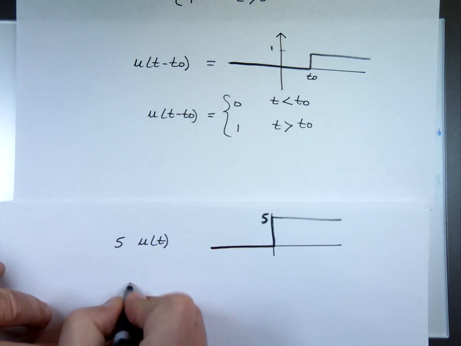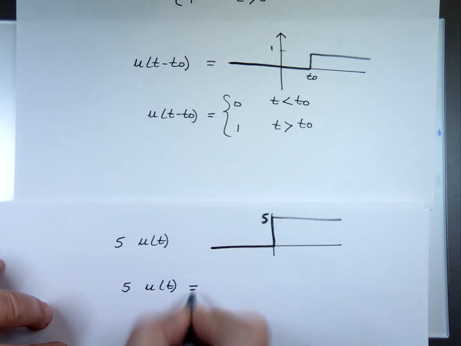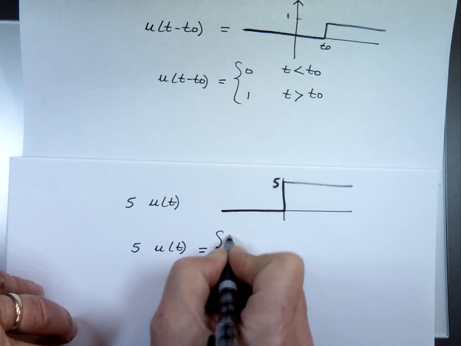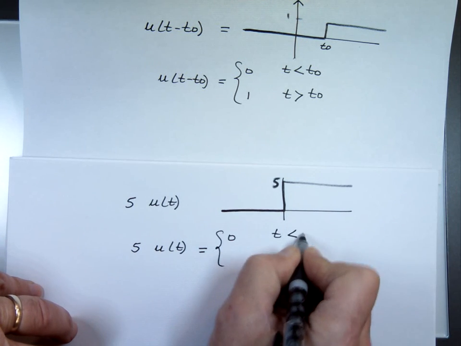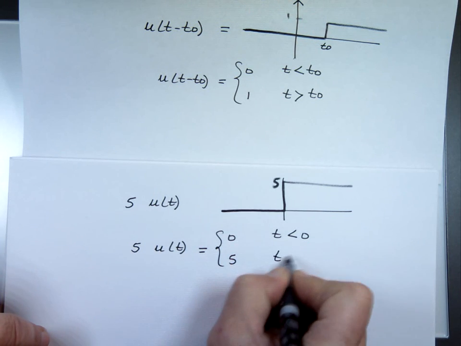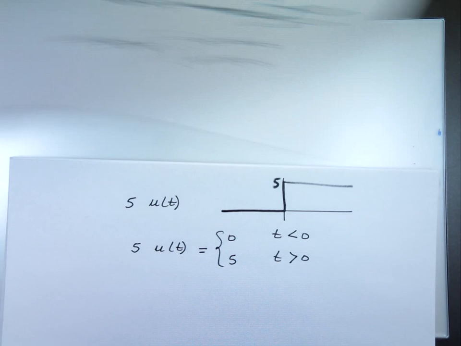So 5 u sub t, it has what? A value of 0 for t less than 0. It has a value of 5 for t greater than 0. You'll see why I'm using numbers like these.